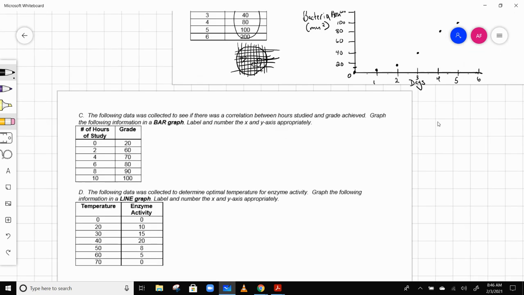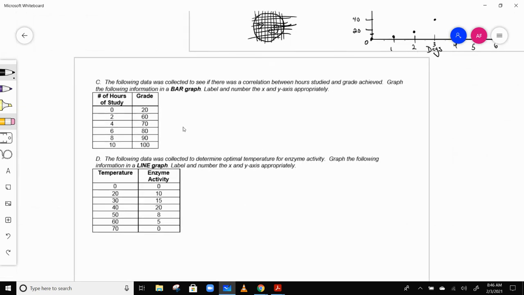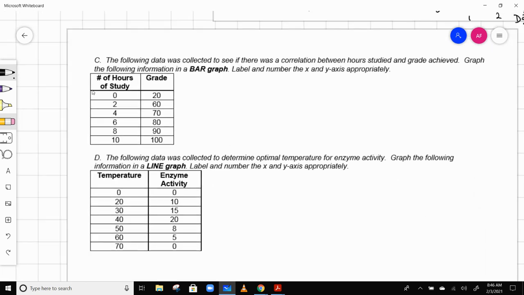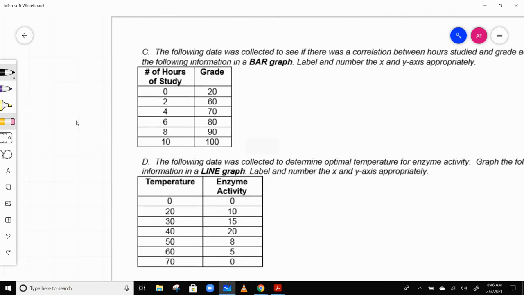Let's see if we can change this. Let's add something here for C. Your units are going to be percent. So when you write grade here, you should write in parentheses percent. And then enzyme activity. I don't even know what they measure enzyme activity in.